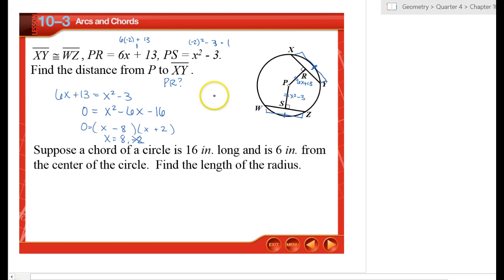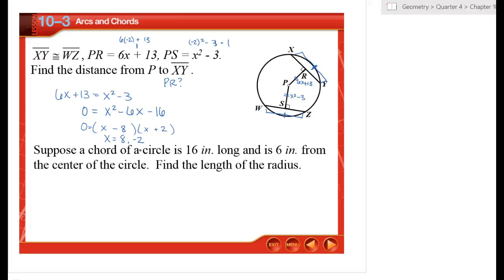So if that happens where both of your answers yield a positive, because remember I said you need to check it to make sure they both work. If both of your answers yield positive, then you have two options for your distance.